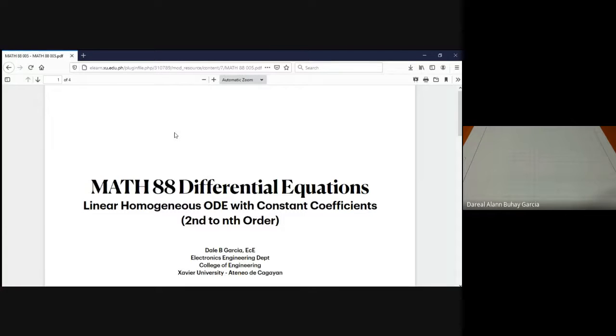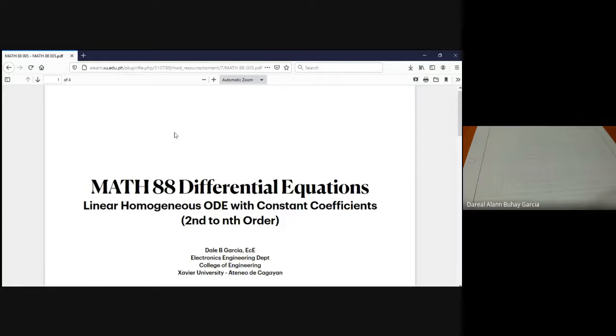So last time, nahuman naman ta og discuss on what are linear ODEs, especially higher order linear ODEs, and given a set of solutions, ato na determine kung if those solutions are linearly independent or not.